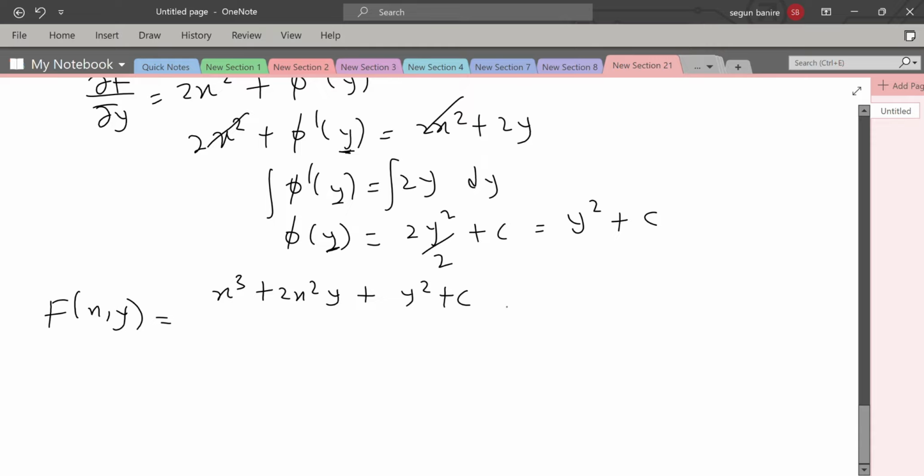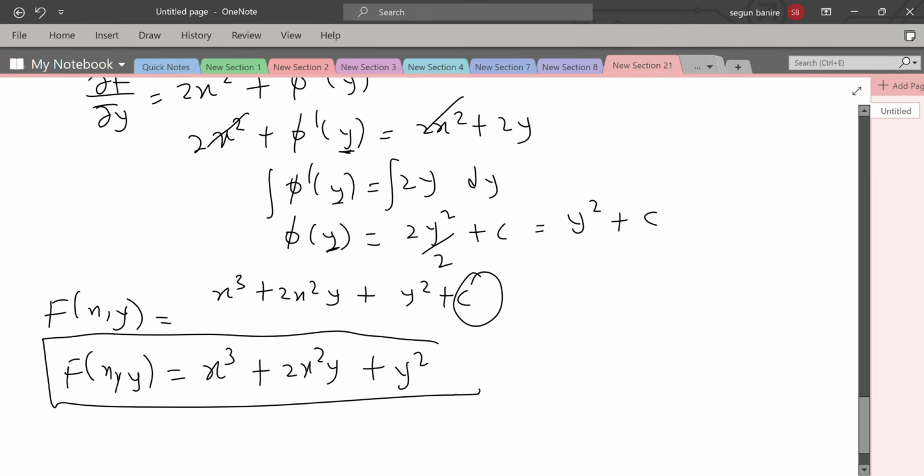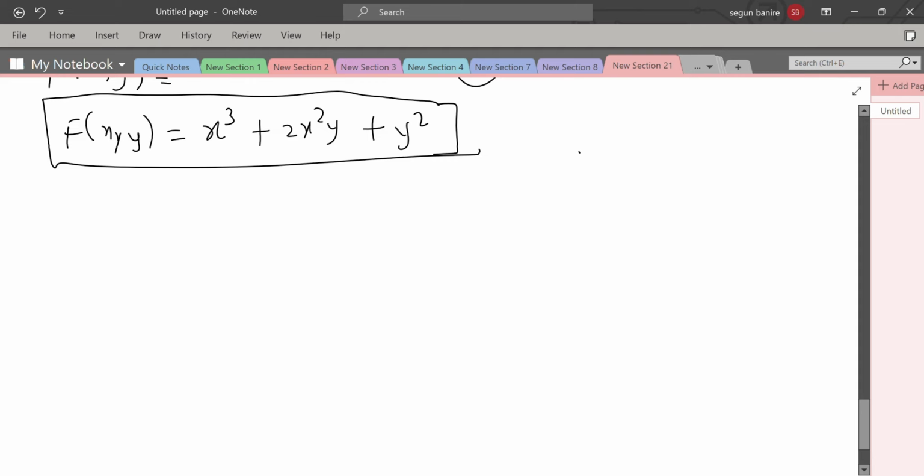You can also neglect this constant, it's optional, it's not compulsory that you write it. So you just have this. This becomes your final result. Okay, so let's do one more example. Example 2.